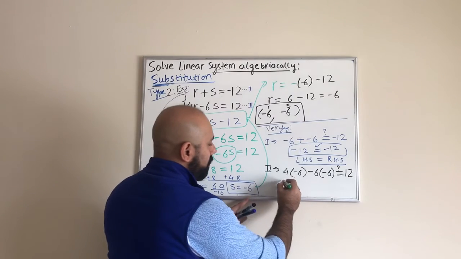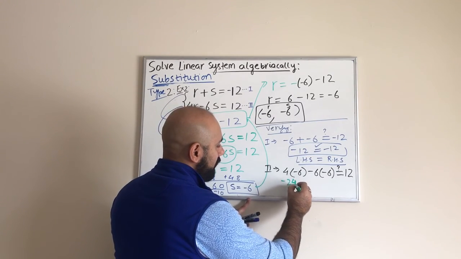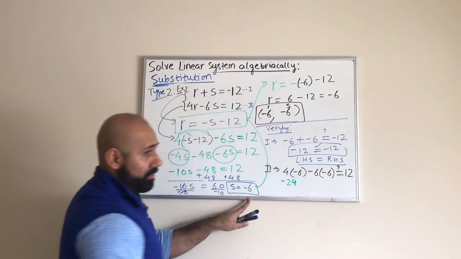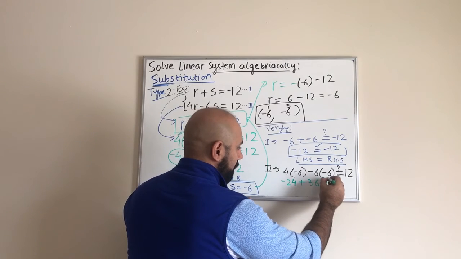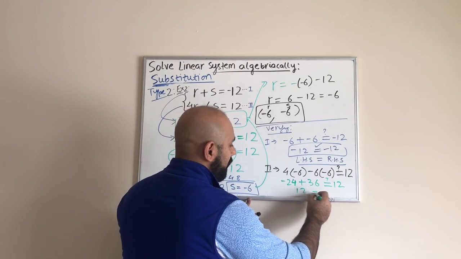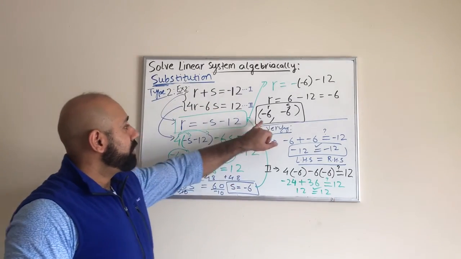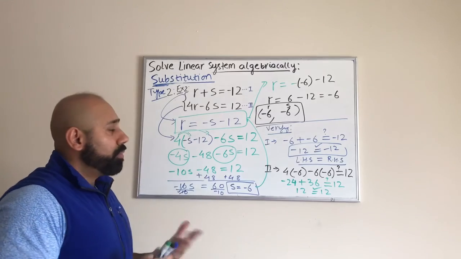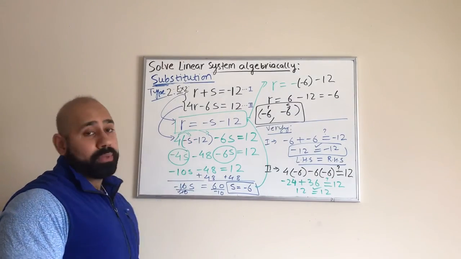It is negative 24, multiplying 4 times negative 6, and then negative 6 times negative 6, so negative negative becomes positive, it is positive 36. Verifying whether that equals 12: well, negative 24 plus 36 is 12. 12 equals 12. Again, the left hand side equals the right hand side. So negative 6 and negative 6 satisfies both the equations, and we are convinced that this is the solution for the system of equations.